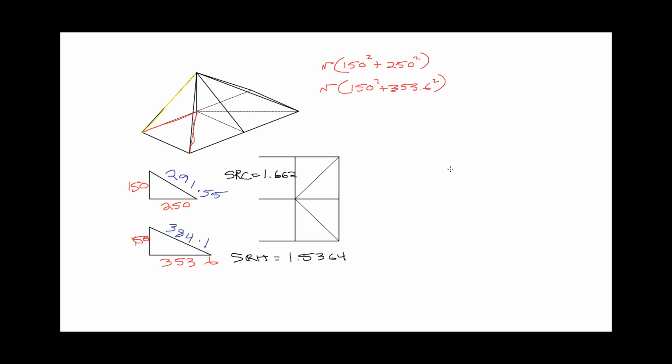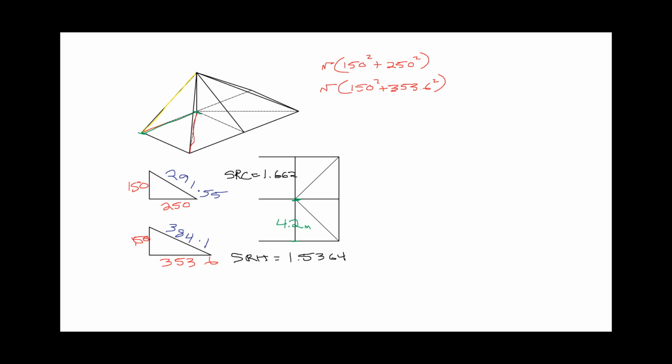So now let's do a little bit of an example here. Let's say we have a run of 4.2 meters. So we have 4.2 meters, run of our common rafter, which is from here to here. That is our horizontal distance all the way out.